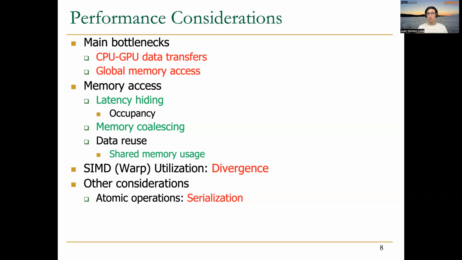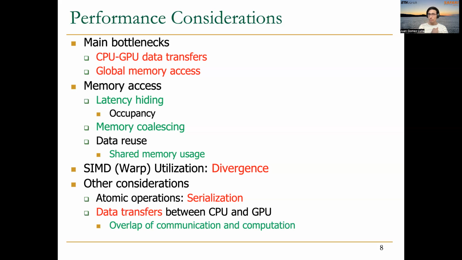Over this course, we will also talk about techniques to optimize the use of atomic operations, but serialization is something that will likely happen in our code whenever we use them, and we should try to avoid the use of atomic operations if that's possible with a different algorithm.